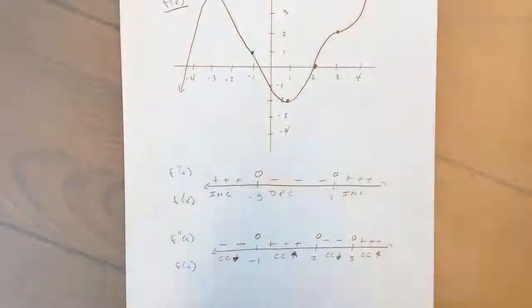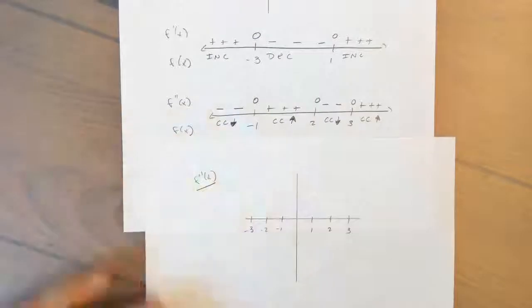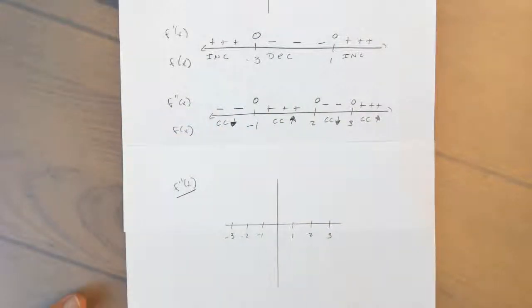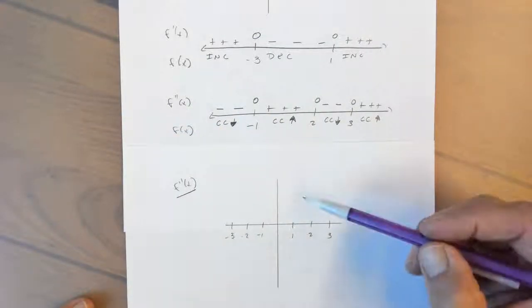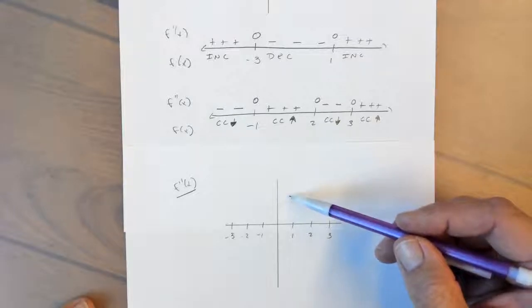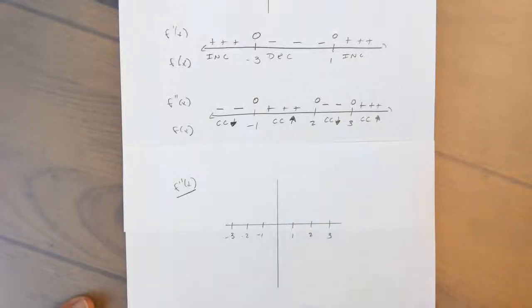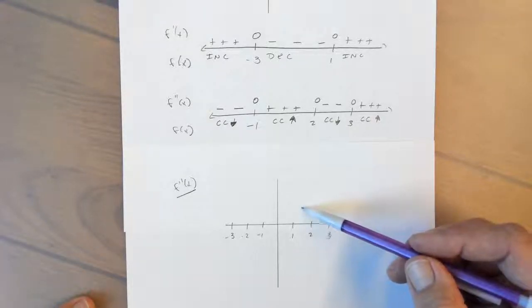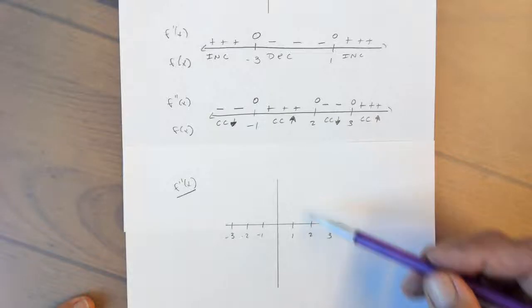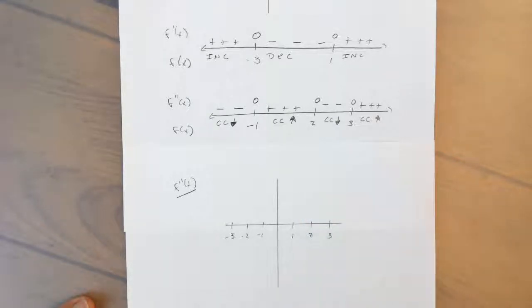So now we're going to sketch graphs. I'll move that up a little bit here. And we always want to graph the second derivative first because remember, the second derivative is the first derivative of the first derivative. And so where this second derivative is positive and negative will tell us about where this first derivative is increasing and decreasing.